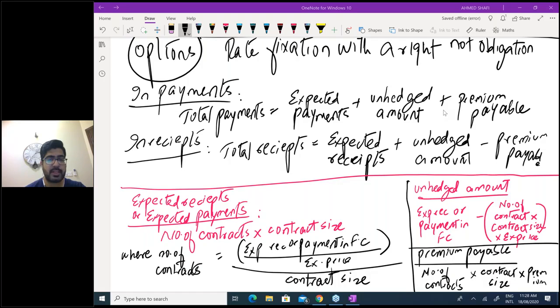Yes, both approaches require the same information and give the same answer. Yes, Noman, it will be.